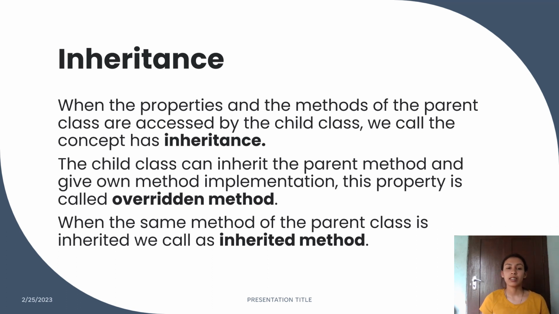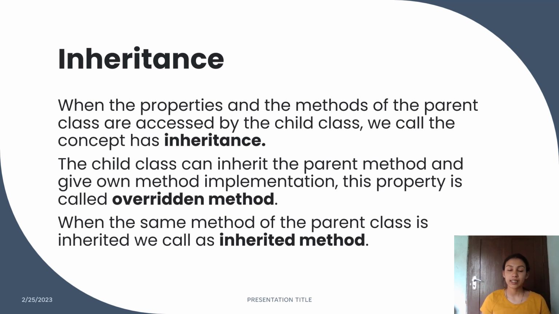And the same idea is implemented here, which is that the properties and methods of the parent class are accessible by the child class. Here, the child class can inherit the parent method and give its own implementation. This property is called the overridden method. So let's take an example. Here is a class named book, and it has a function set name, and we have defined the function in the parent class.